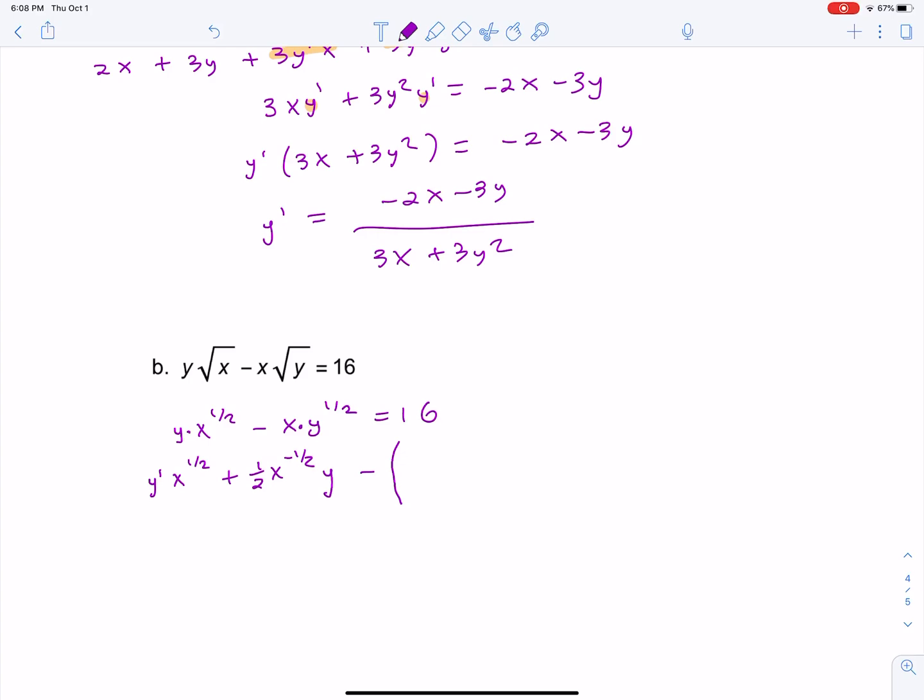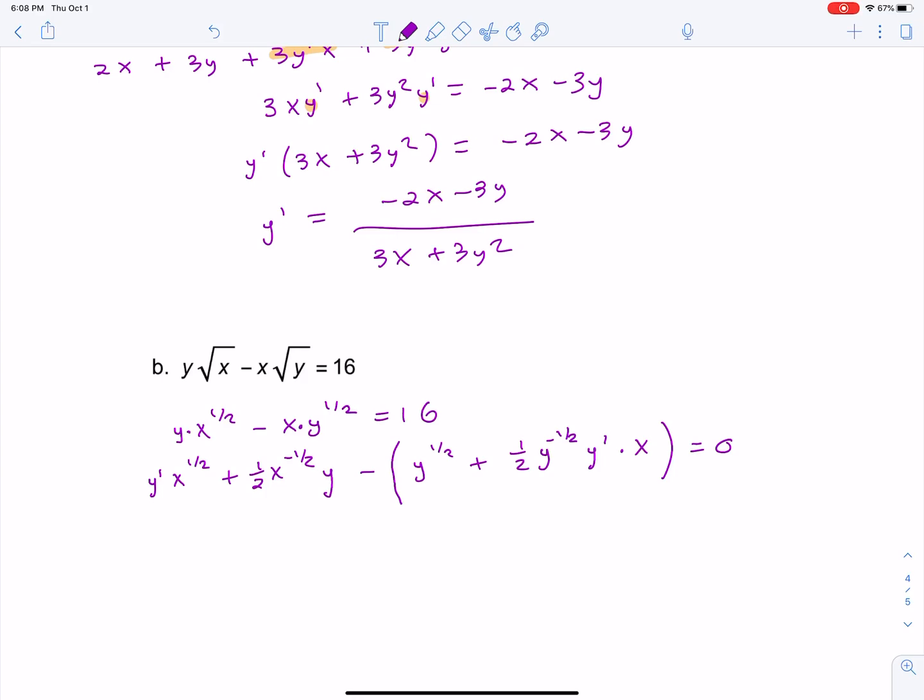So the derivative of x is 1. 1 times y to the 1/2 is y to the 1/2. Plus, the derivative of y to the 1/2 is 1/2 y raised to the negative 1/2 times the derivative of the inner, so times y prime, times x equals 0.